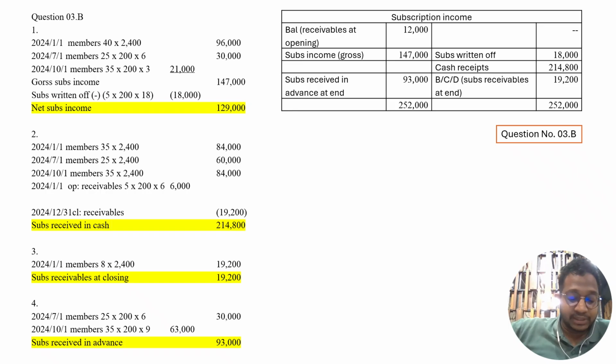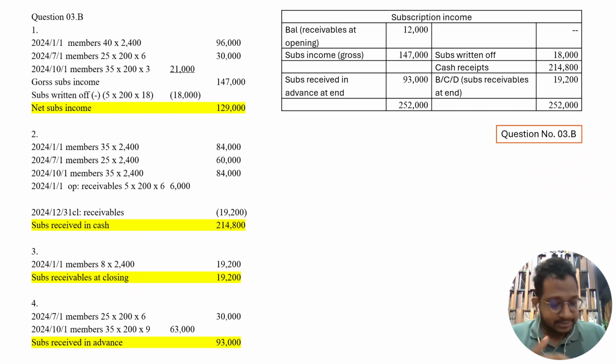And here, as at the opening date, there were 40 members. And on 1st of July and 1st of October, they recruited 25 and 35 new members. And the interesting thing here is the financial reporting period that you should consider is your normal calendar year, which means from 1st of Jan 2024 to 31st December 2024, right?